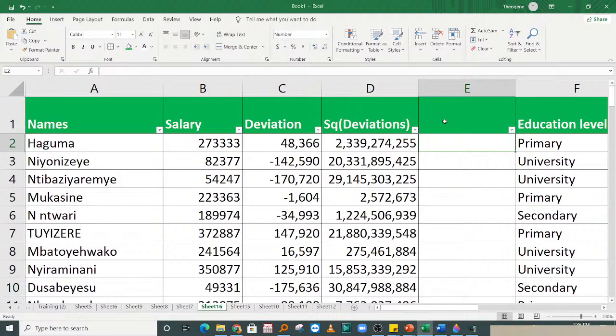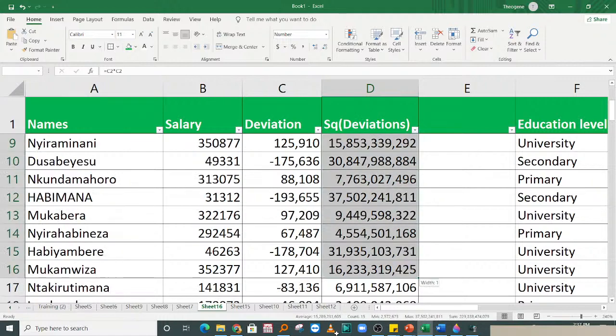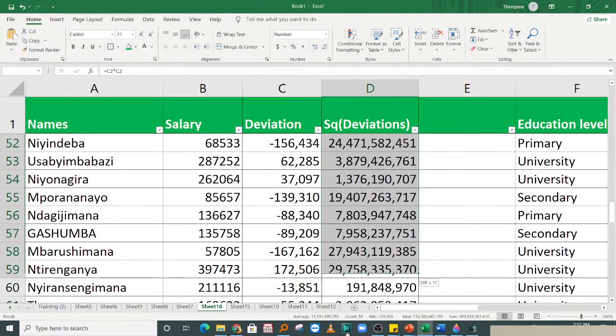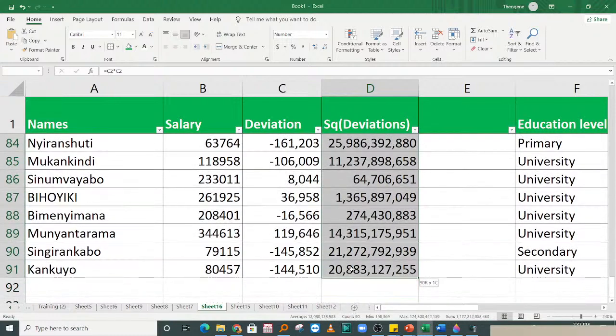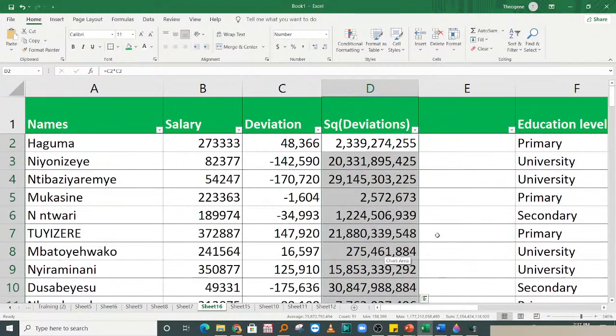Okay, this is clear. So after calculating the square of the numbers, I need the summation of the squares, then I calculate the square root. So the summation, I can even come there, go to auto sum, and I find the number below.